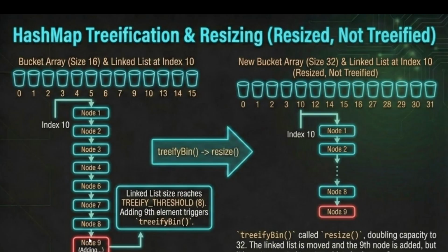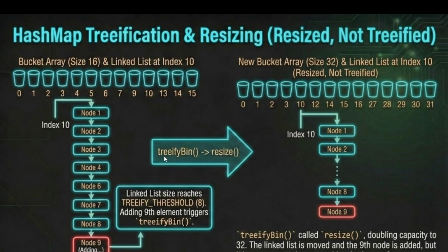In this case, I have added the node as 9, so the length is 9. The linked list size reaches the treeify threshold. It is greater than the default. Adding the ninth element triggers treeifyBin. There is one method, treeifyBin, where the threshold is 8.